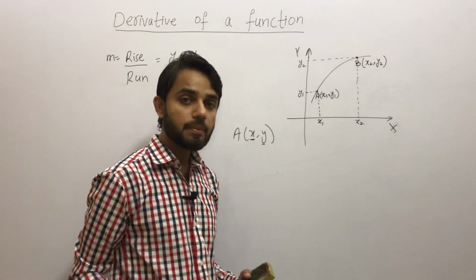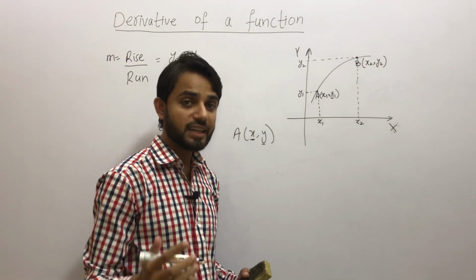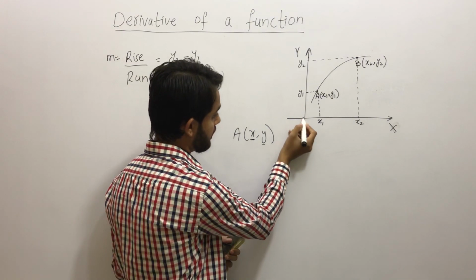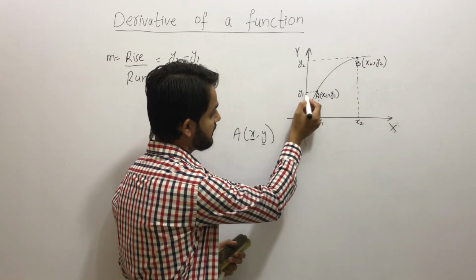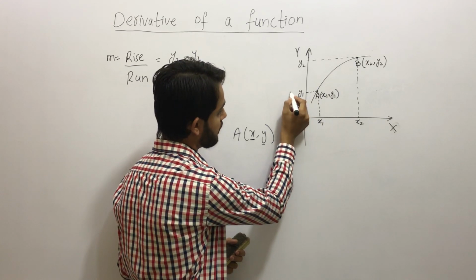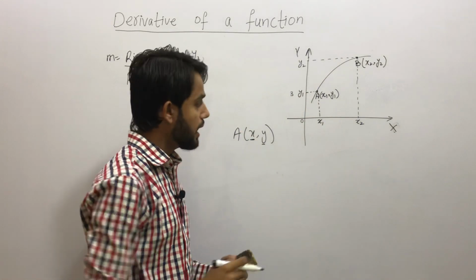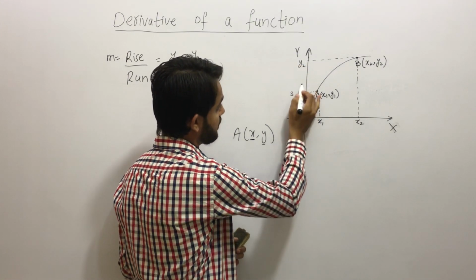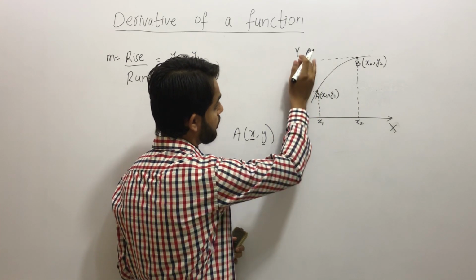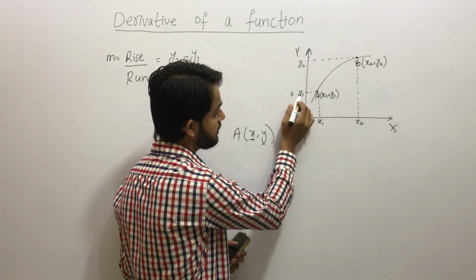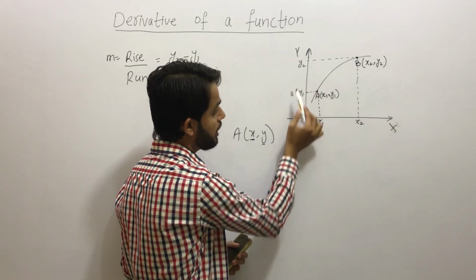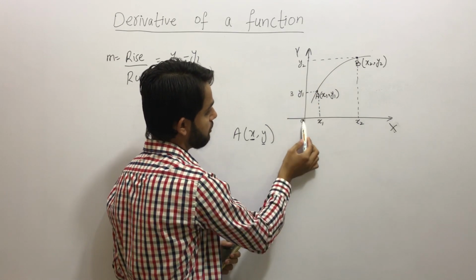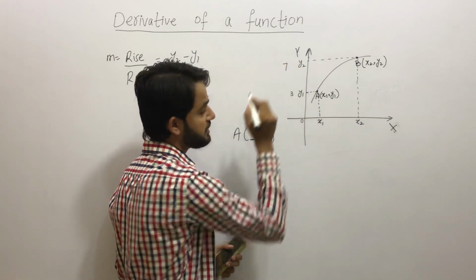If the variables are making you confused, let's take some real numbers for the sake of simplicity. This is point O, which is the origin. Let's say the distance from O to y1 is 3 meters, and once the point moves further from y1 to y2, let's say it moves 4 meters further. So from 0, it was already 3 meters to here, and then 4 more meters, so the total distance on the y-axis from 0 to y2 will become 7.